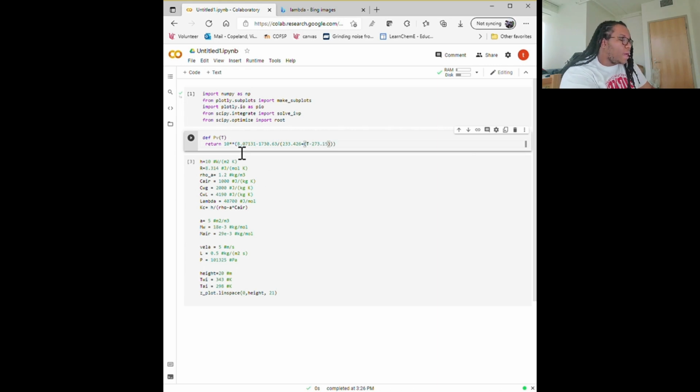For this one, I didn't factor in the 0.15, so I'm not going to put that in the conversion. And then that's going to be divided by 760. Because this is for the pressure, I would just put our pressure variable here, but at this time it has technically not been defined yet, so that won't work. So I have to actually type it out up here. So go ahead and run that.